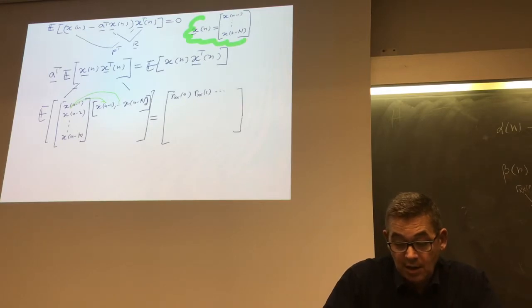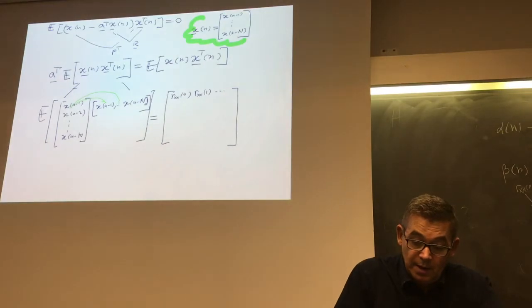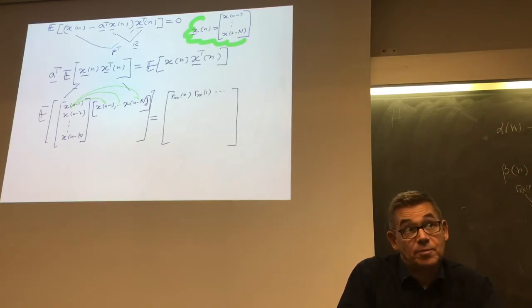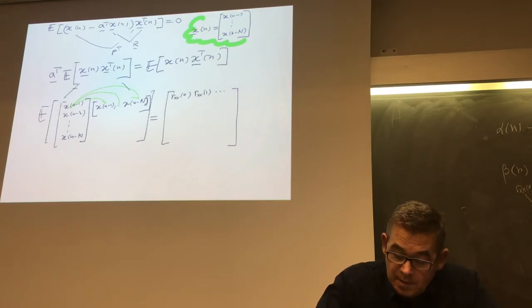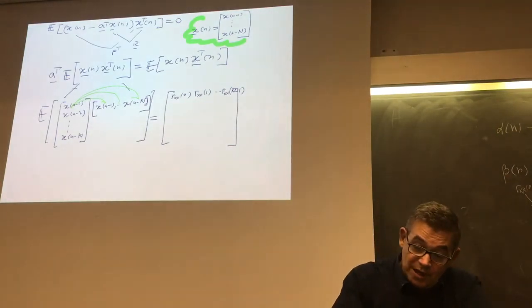Then the last one, xn times xn minus capital N, is the autocorrelation at capital N minus 1. Okay? You can try it yourself. These have a Toeplitz structure, so they are the same.